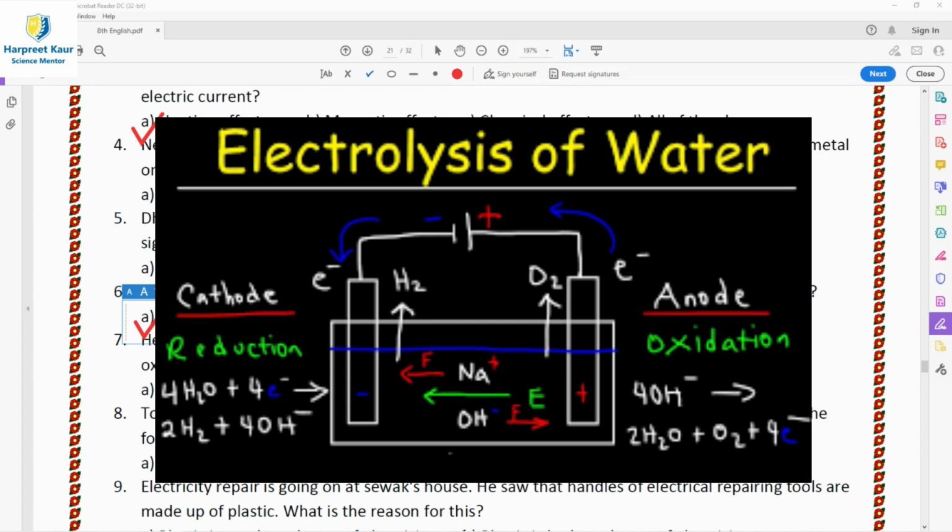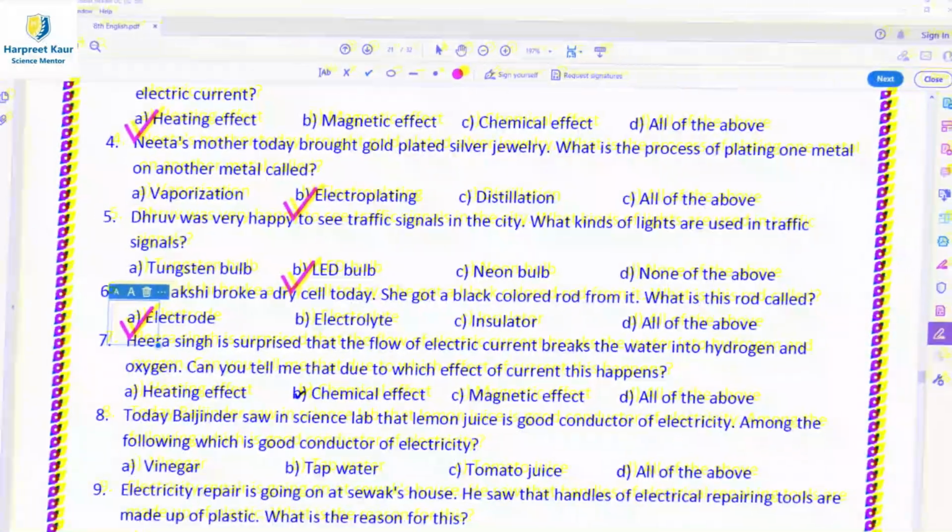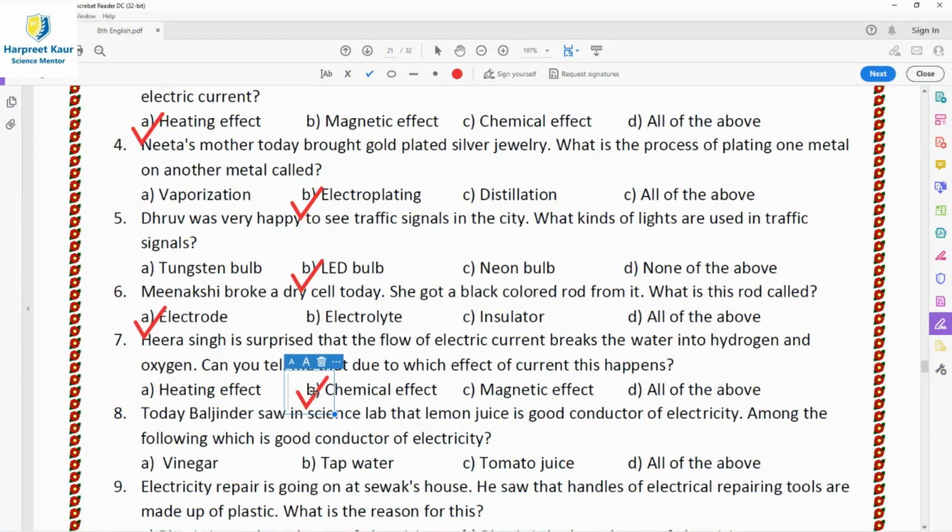What is electrolysis? The breaking down of water by a chemical reaction into its constituent elements, hydrogen and oxygen. So here water can be decomposed into hydrogen and oxygen gases by the electrolysis of water. So here option B, that is the chemical effect, is the right answer.